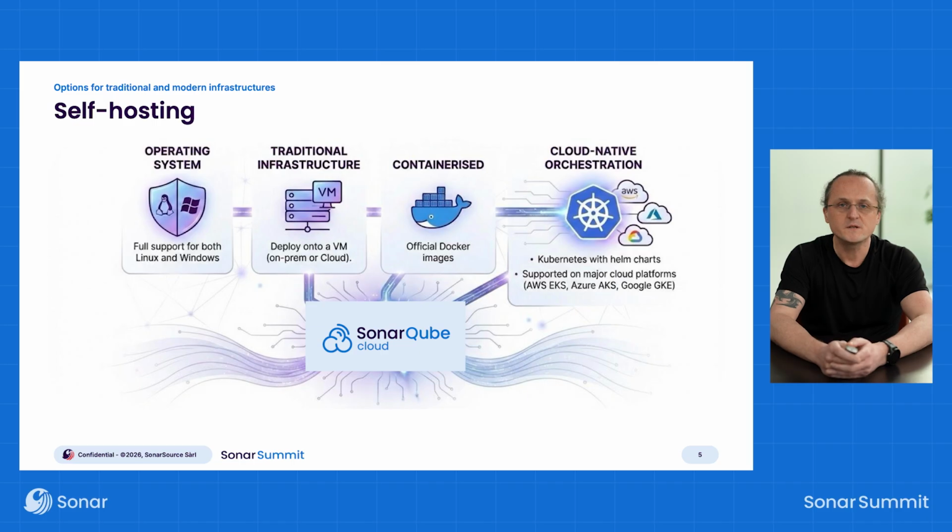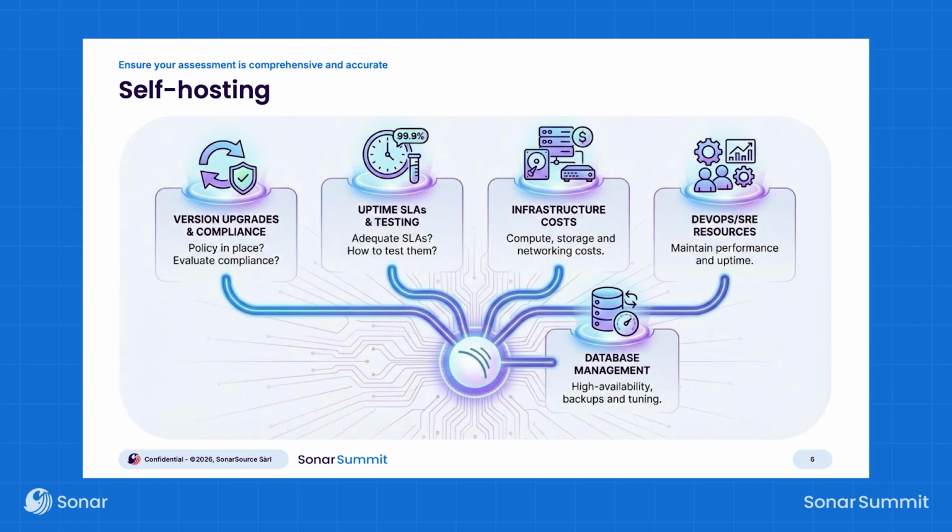So all of those are supported. When it comes to Kubernetes, obviously you could choose EKS on AWS, but you can also choose Azure AKS or Google GKE. So the deployment options are there for you for self-hosted, and obviously as an enterprise architect, you have to factor in all those variables that we discussed just moments ago.